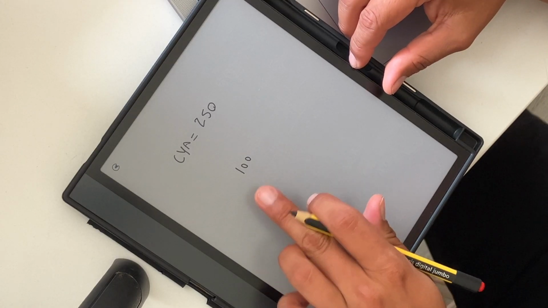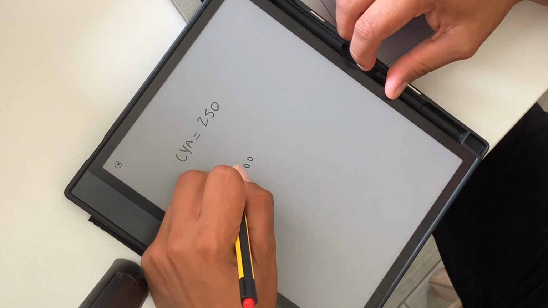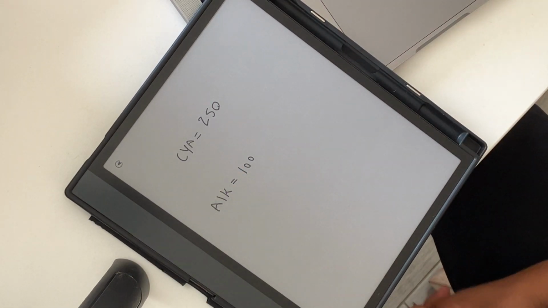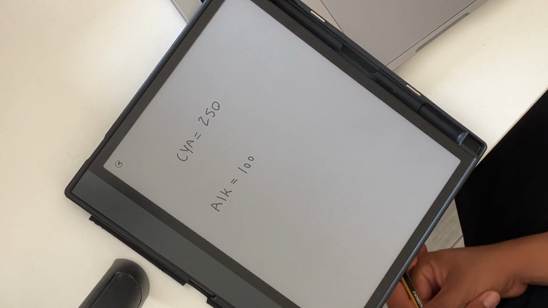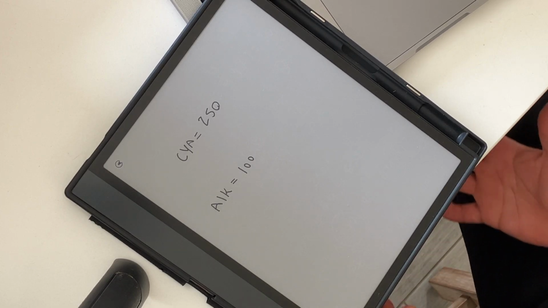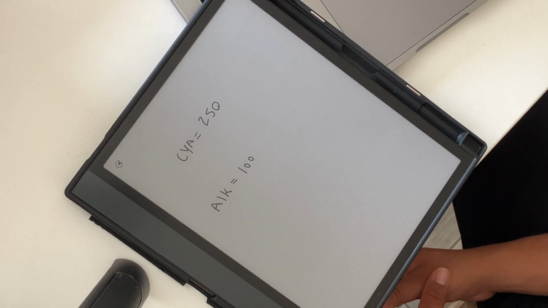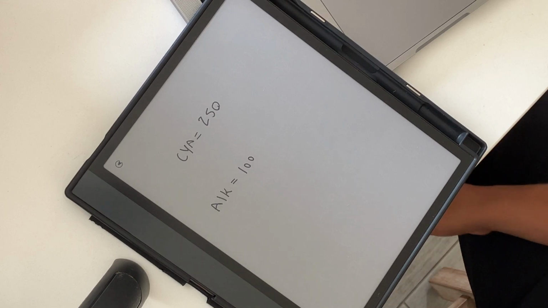Why did I write down 100 here? Because that's the reading we got on our Taylor kit at the pool, which, if we go by range chemistry, would say that our alkalinity is actually fine. It's right between 80 and 120. So we would say, hey, our alkalinity is perfect, we're good to go, let's go on to the next pool. But let's find out in reality what this means.